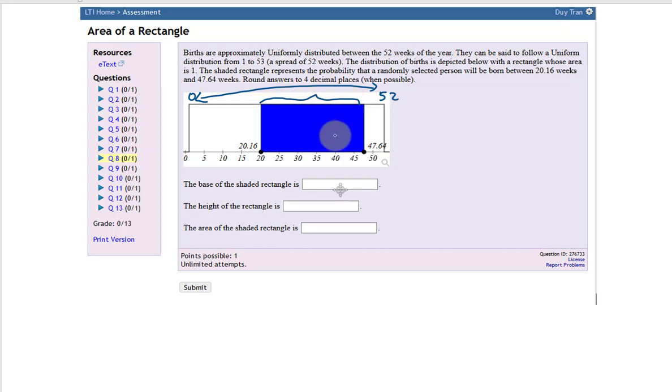To find it, we take the right number, 47.64, and subtract the left one, 20.16. That gives me 27.48. So that is the base of the blue rectangle.